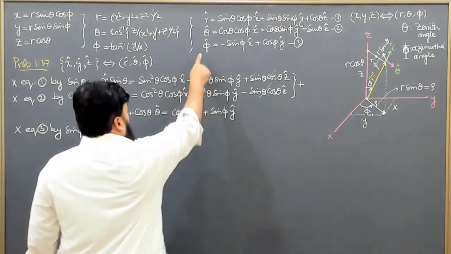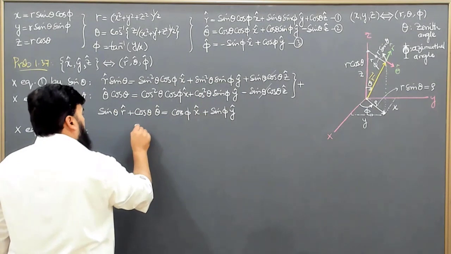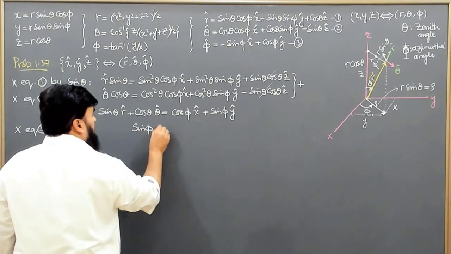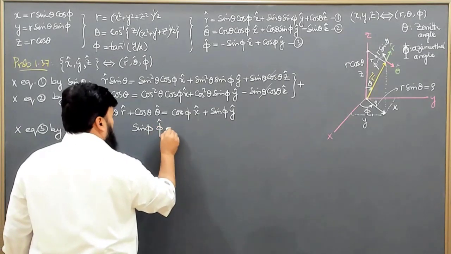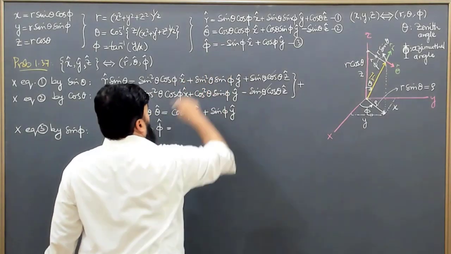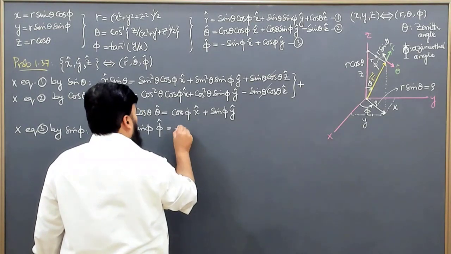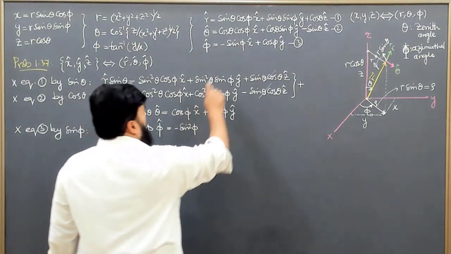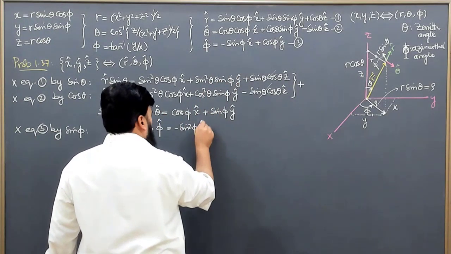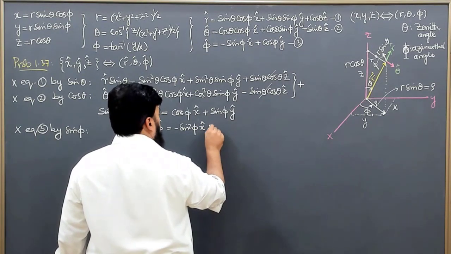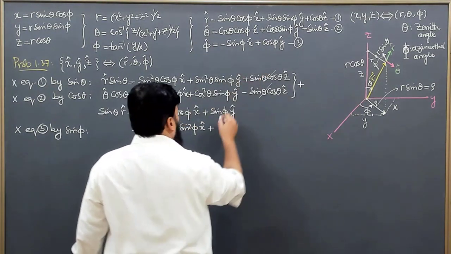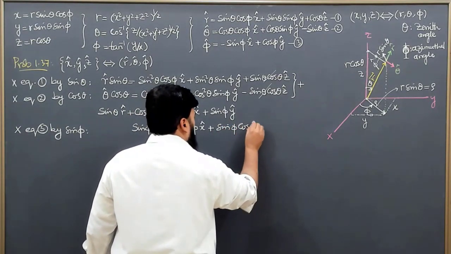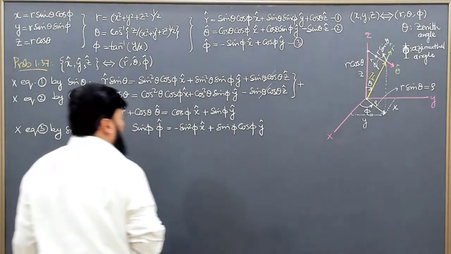So sine phi phi unit vector is equal to, multiplying with sine phi, minus sine square phi x unit vector plus, as I am multiplying with sine phi, sine phi cos phi y unit vector.